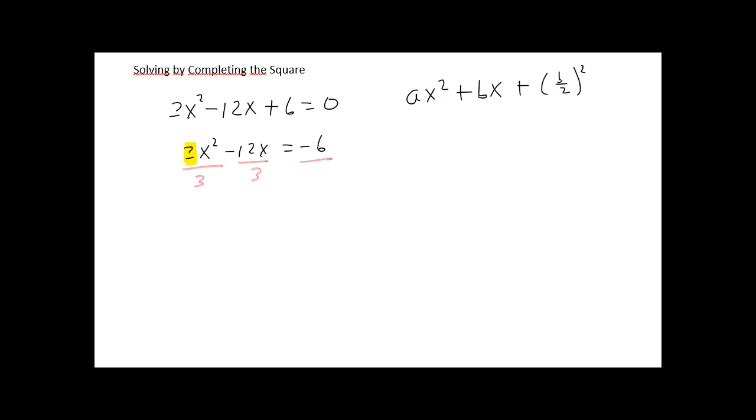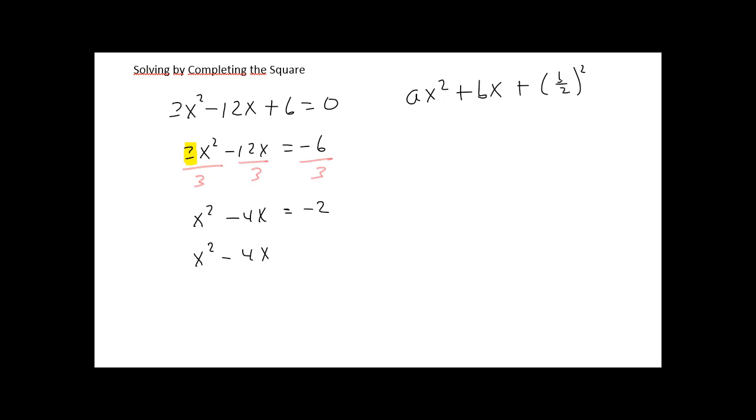Because this is an equation, so what happens to one term needs to happen to all the terms at the same time. Then this is x squared minus 4x equals negative 2. Now I have the value of a equal to 1, then I can continue.